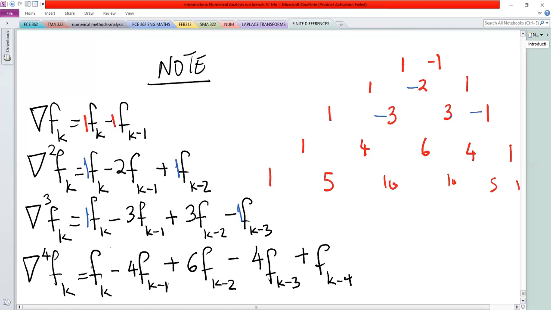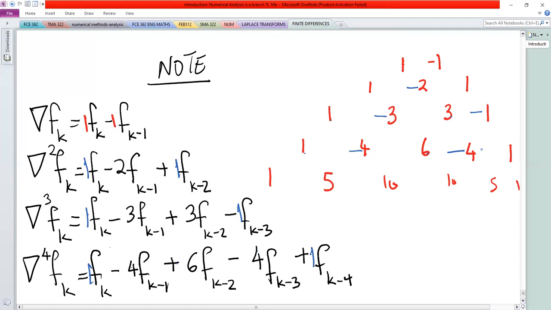And then here we have 1, minus 4, 6, minus 4, positive 1. So it shows that you can always find other higher backward differences by simply making use of the binomial coefficients and then just alternating the signs of the binomial coefficients. So the first sign is positive, followed by negative, positive, negative, positive, negative, etc.